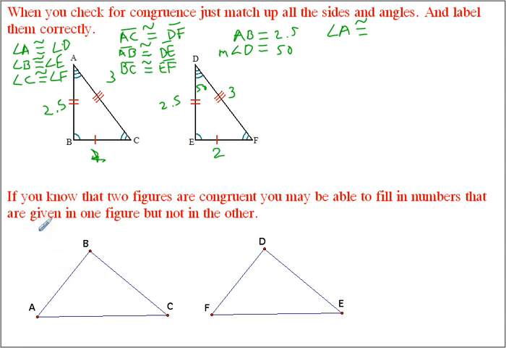Now down here, if you know that two figures are congruent, you may be able to fill in the numbers that are given in one but not the other figure. So for example, if I said this here is going to be 4, and this here is going to be 8, and this here is going to be 8, and this here is 5, and this here is an 80-degree angle.